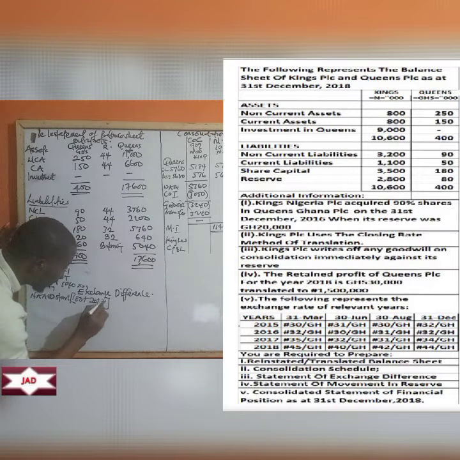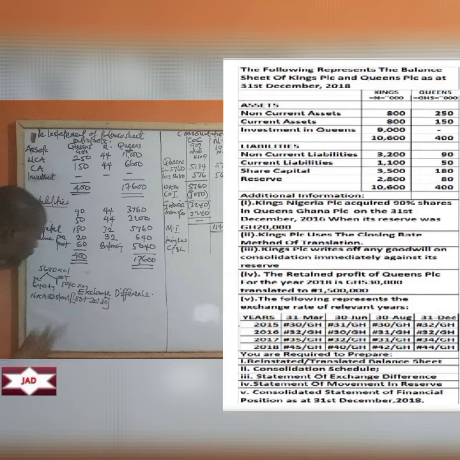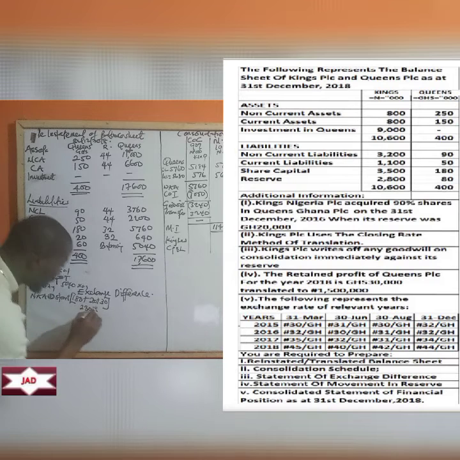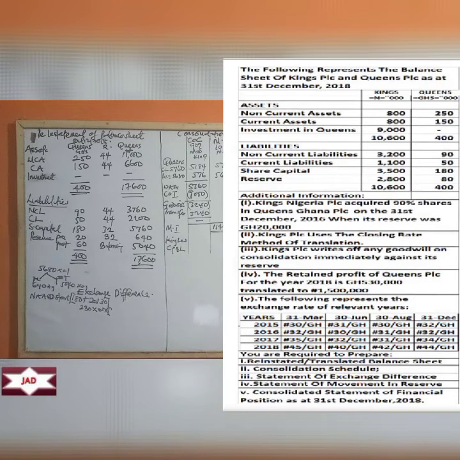So 180 plus 20 plus 30 gives us 230, times what is the opening rate? The opening rate is the rate at the beginning of the year, 1st January 2018 or 31st December 2017.